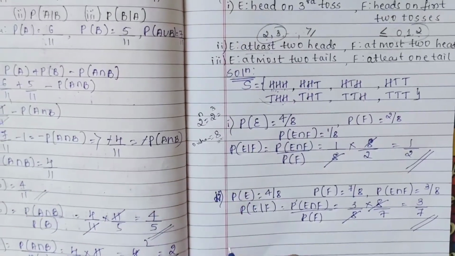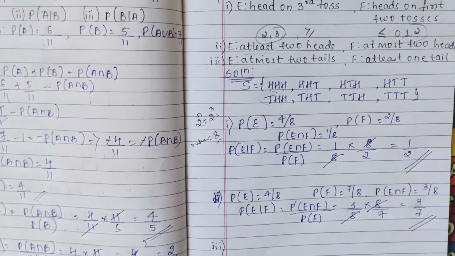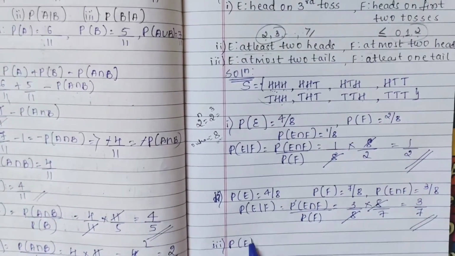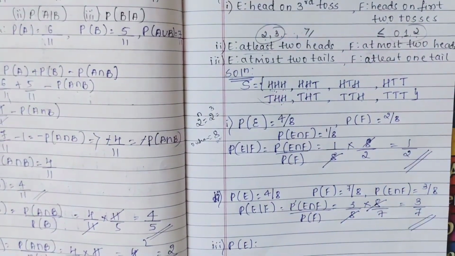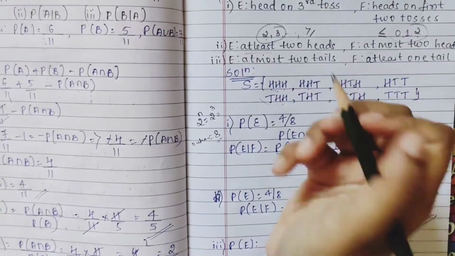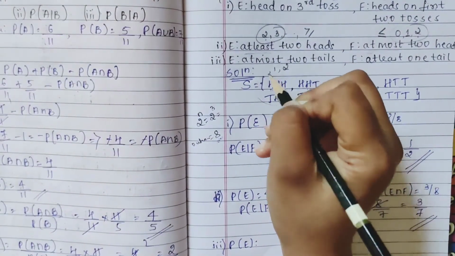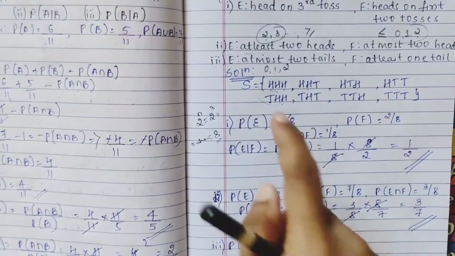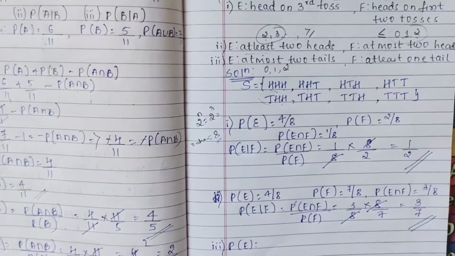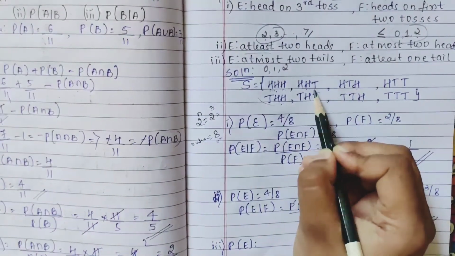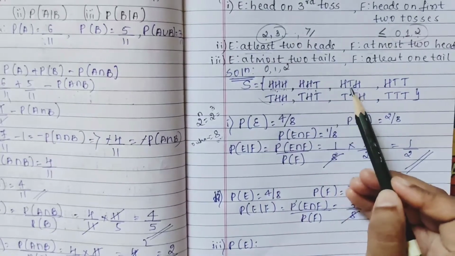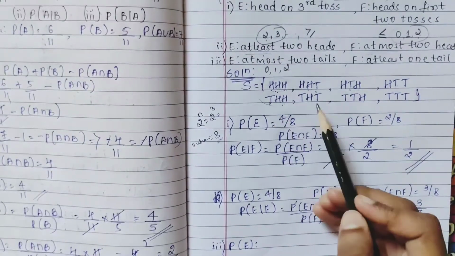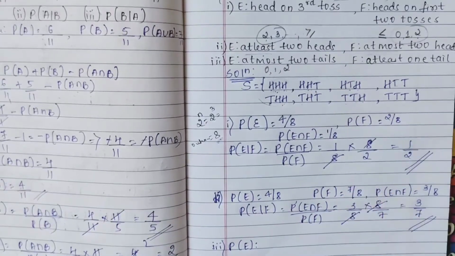In the same way, third, we will see P of E. What is it telling? At most 2 tails. At most means what? It can be 2, it can be 1, it can be 0, right? So considering that, this you can take. Here also, except this, everything we can take. 1 tail here, here also 1, here 2 tails, here 1, here 2 tails, here 2 tails, here 3 tails.